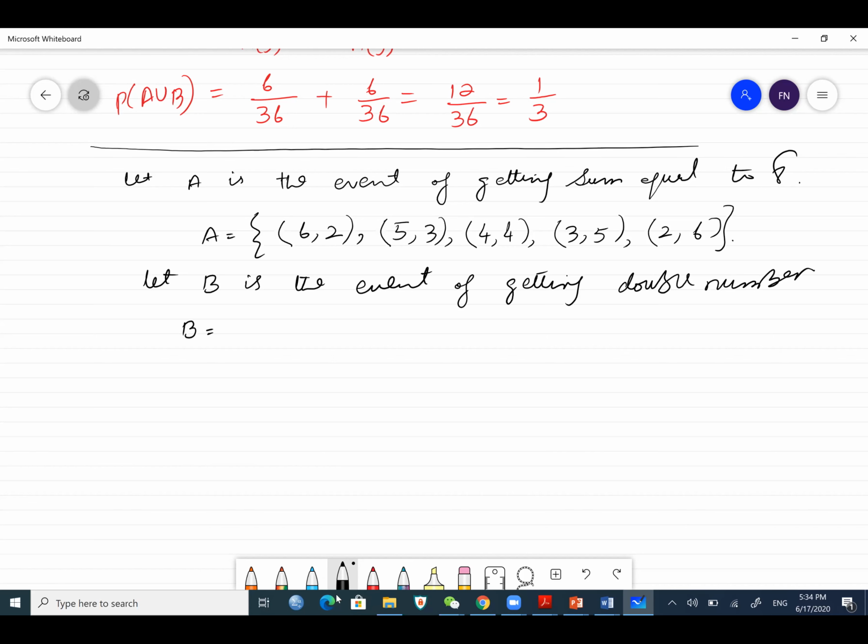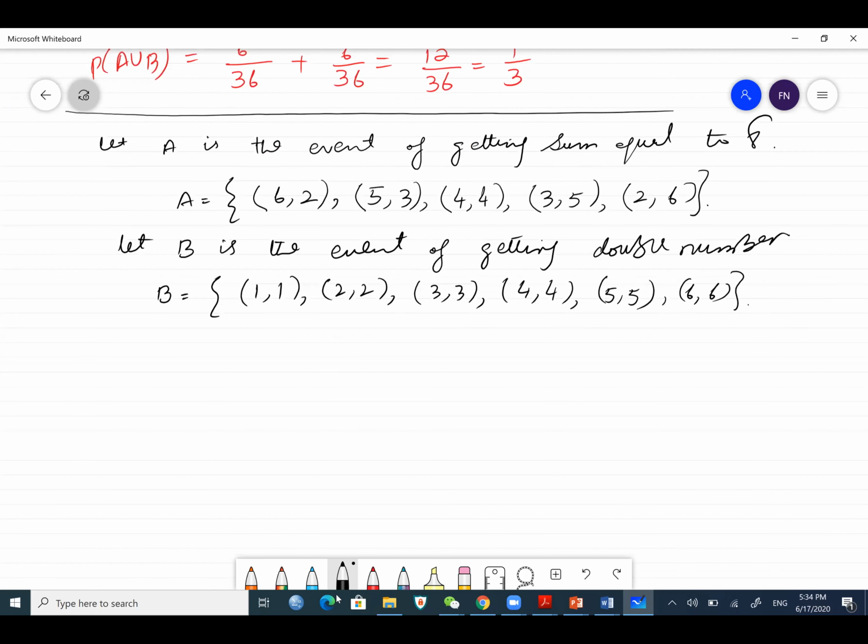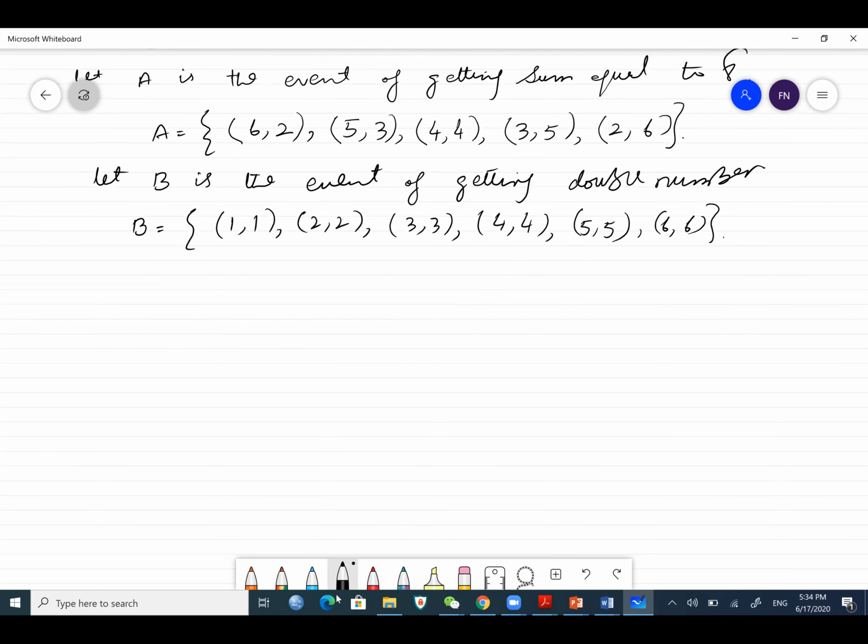So the double numbers would be 1 1, 2 2, 3 3, 4 4, 5 5 and 6 6. Is there any point in common between A and B? Is there any point in common between set A and B? 4, 4.